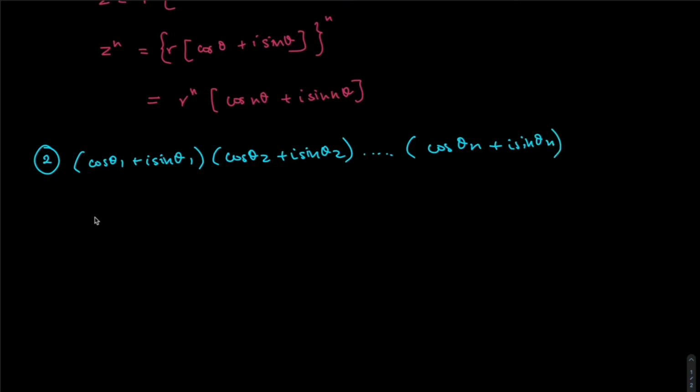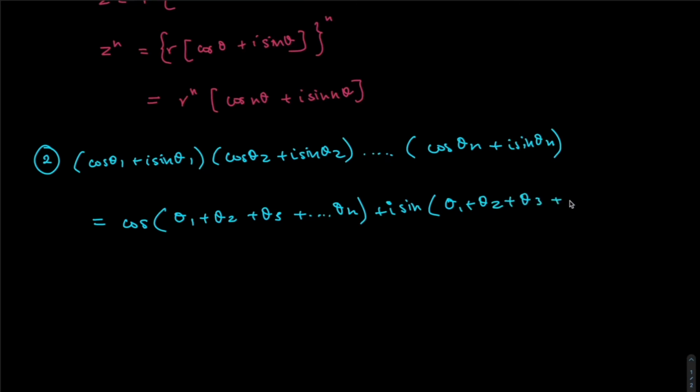When I do this, I can condense it. I can write this as cosine of theta 1 plus theta 2 plus theta 3 all the way up to theta n, plus i sine, with the same thing in the argument: theta 1 plus theta 2 plus theta 3 all the way up to theta n.